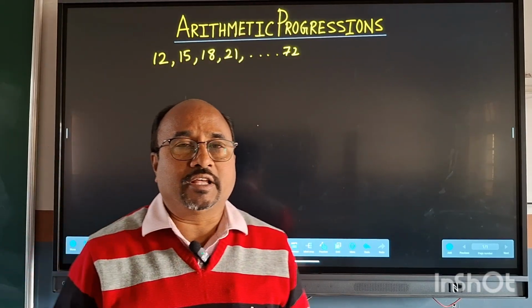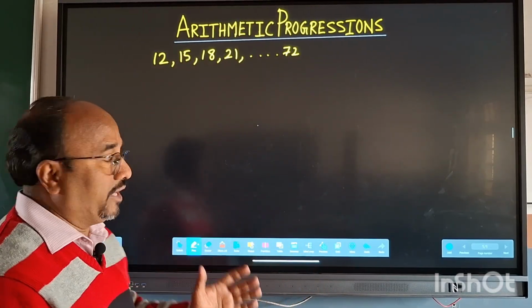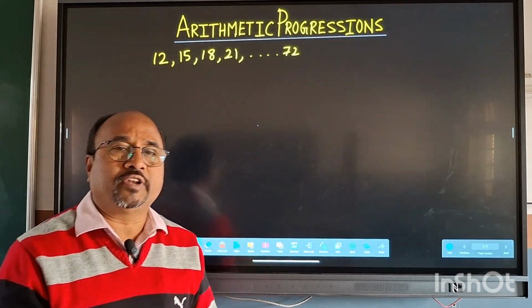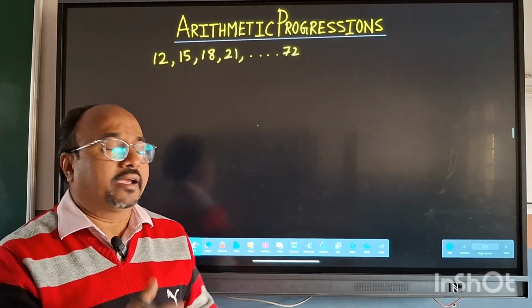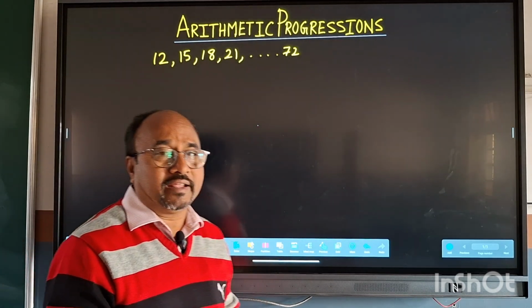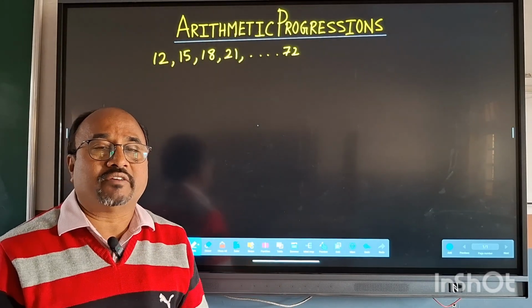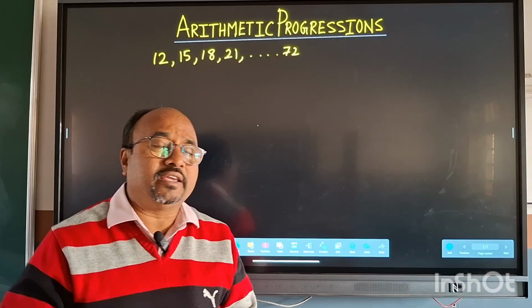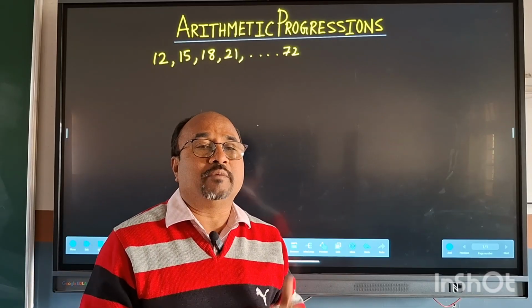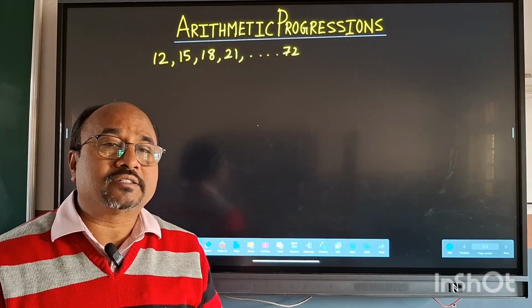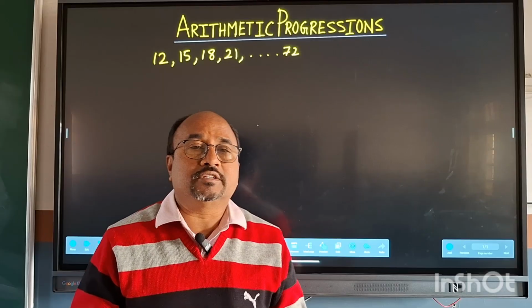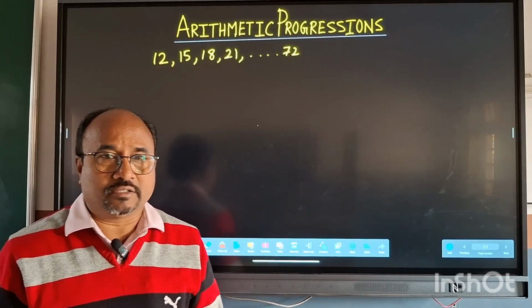So I have started with a number which is 12 and you can see to go to 15 I need to add 3. Again I add 3 to 15, I get 18 and so on. And the last in that sequence is 72. So you can see here the difference is always remaining in this sequence as 3. Such a sequence is called as arithmetic progression.